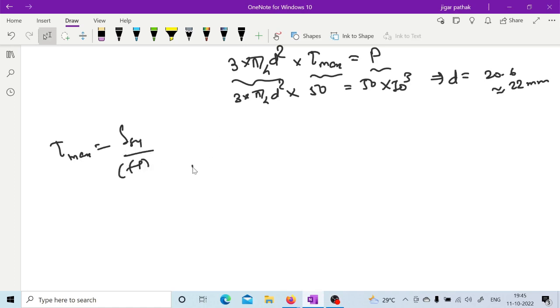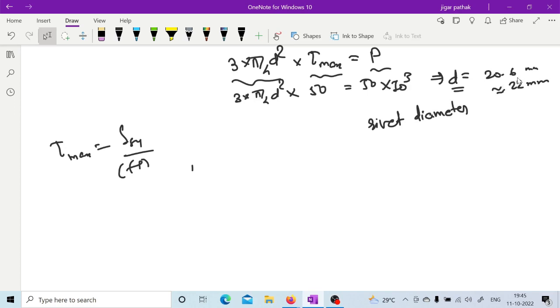Sir, regarding d, 20.6 mm, how did you approximate it as 22 mm? Actually, what happens is you will have some table for the rivet diameter. There is some standard, so you must have that standard table.